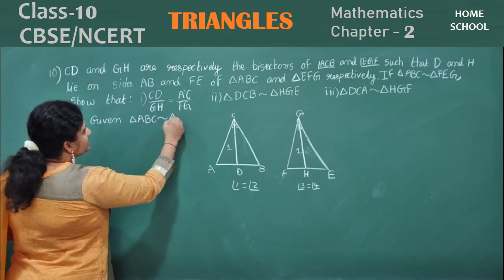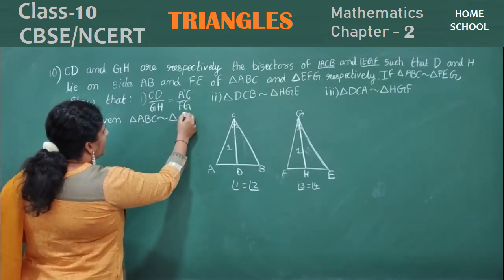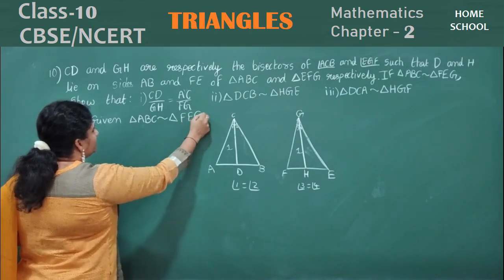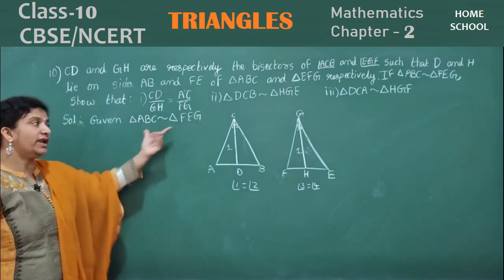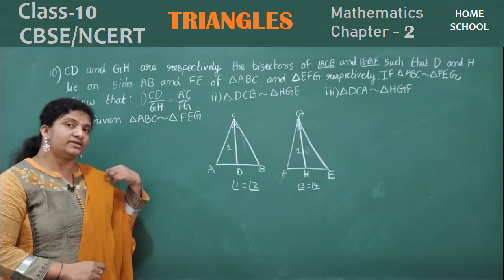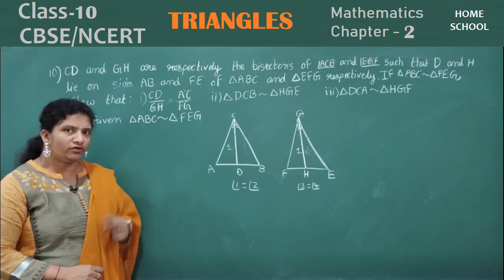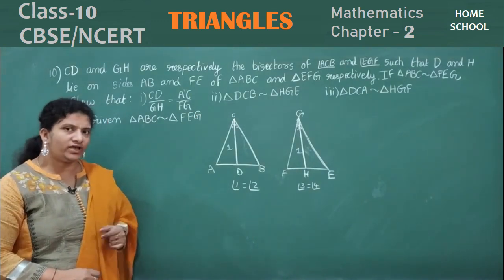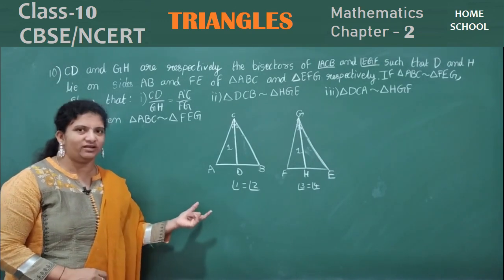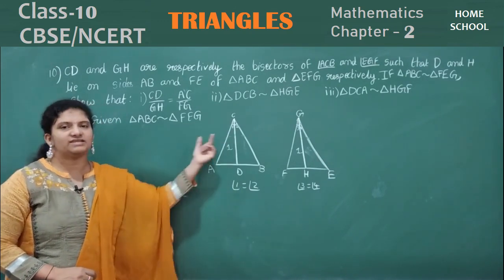So next, what they have given: triangle ABC is similar to triangle FEG. So the two triangles are similar. They are already saying that these two are similar. If they are similar, what do we know? The corresponding angles are equal and the corresponding ratios must be in proportion. Right? So which angles are equal?